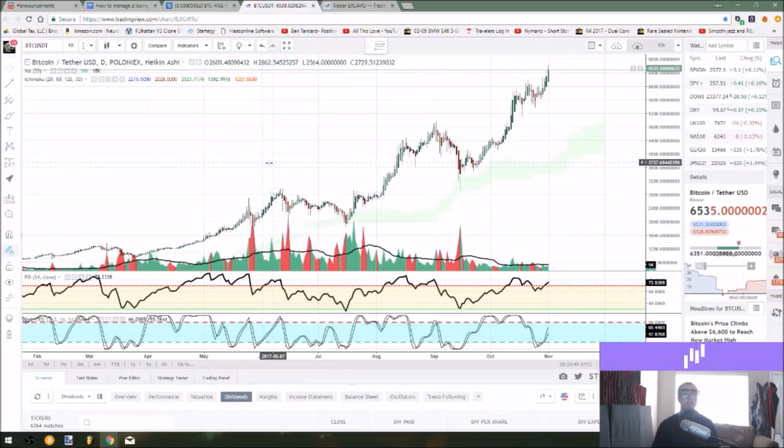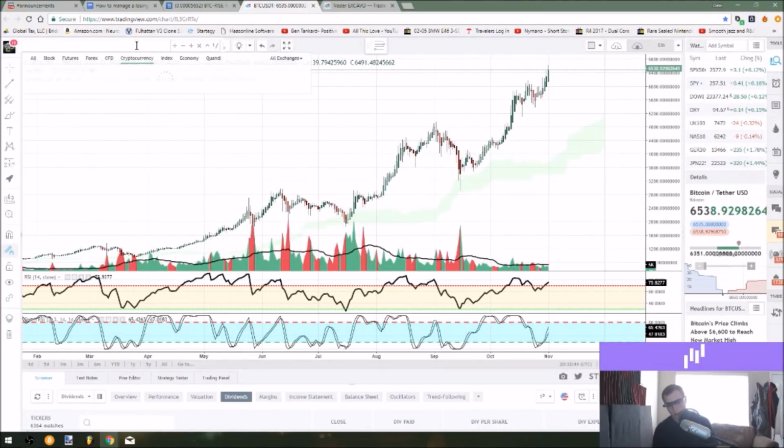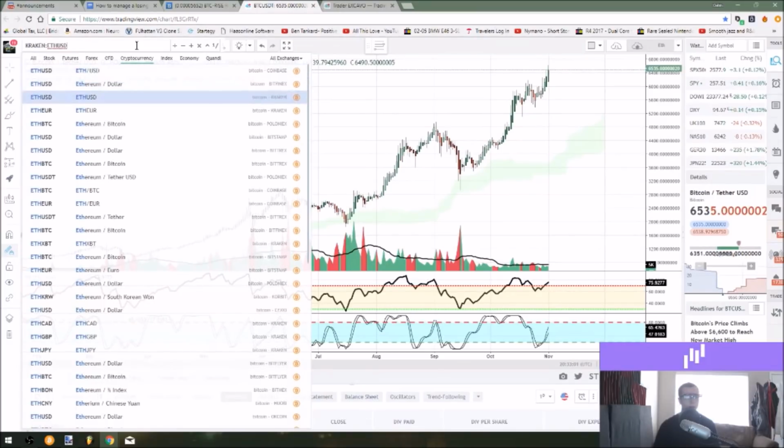So just hypothetically, let's say that I bought, what's a good coin to go off of here? Let's say that I bought Ethereum at the top. Now this is a good example because it has a healthy trend. So let me load up the Ethereum chart here.